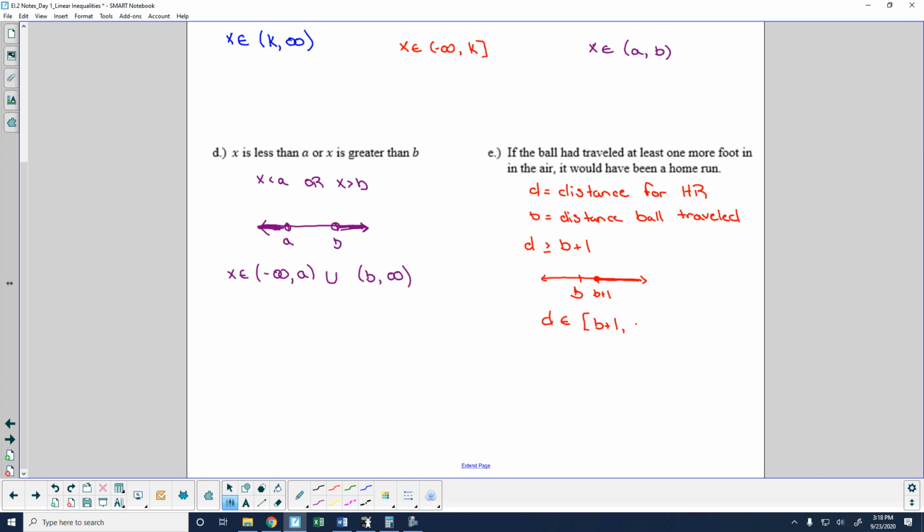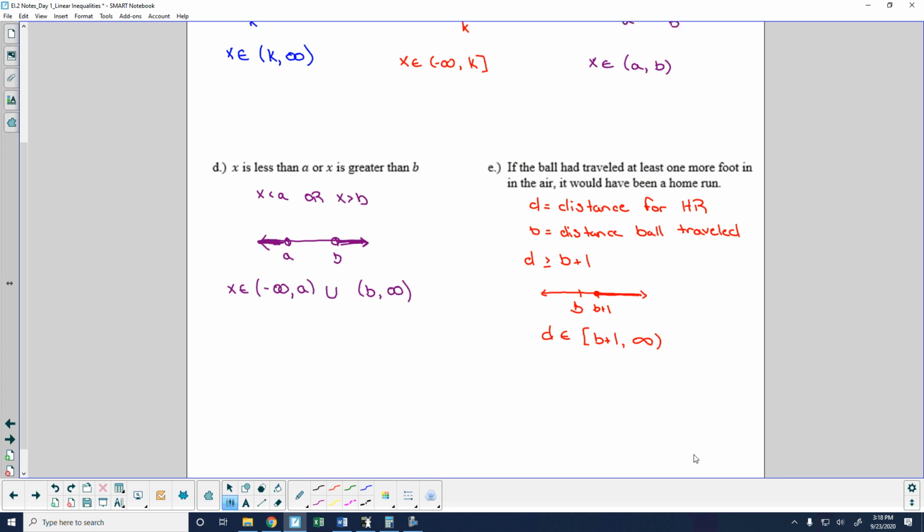And then to infinity. So if it goes further than B plus 1, and it continues and continues, then this would be a home run. So this is one way, not the only way, that we could represent the distance needed for a home run. It would be how far the ball traveled, plus 1, greater than or equal to that value.